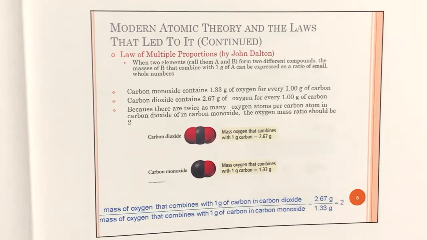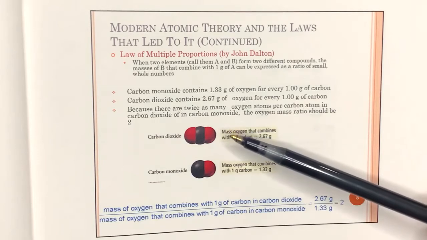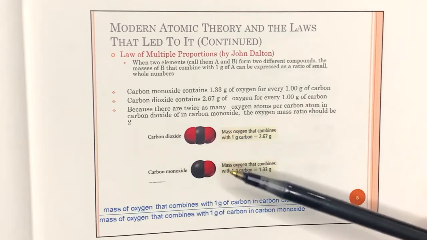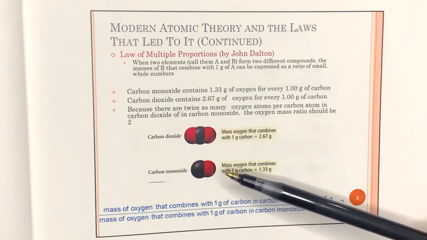So in this case, we can see that the oxygen for carbon dioxide is always going to be double the amount of oxygen for carbon monoxide.